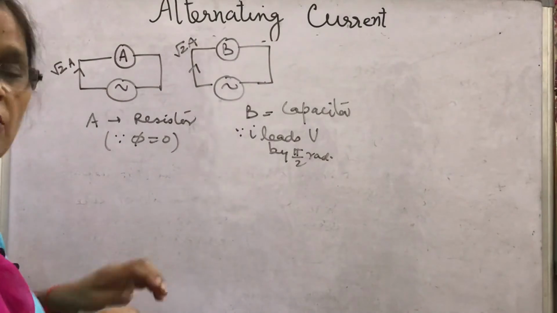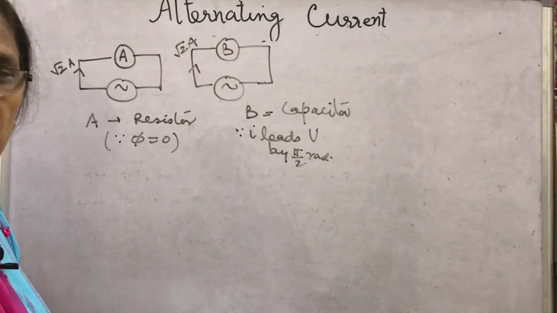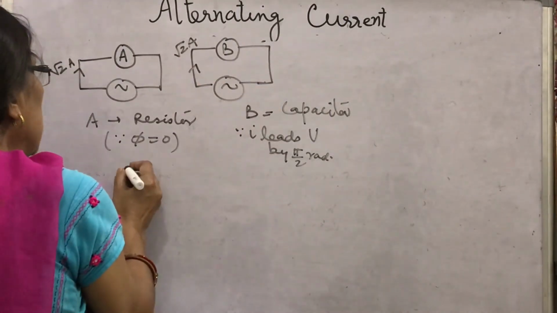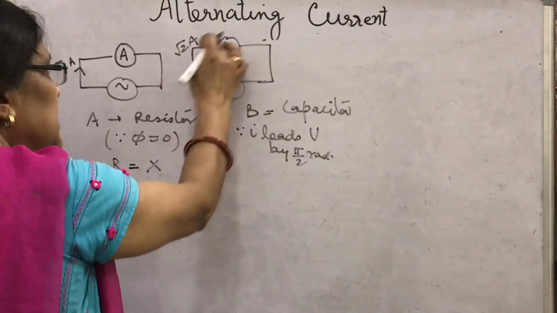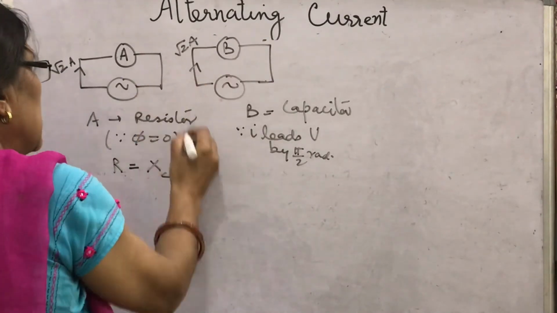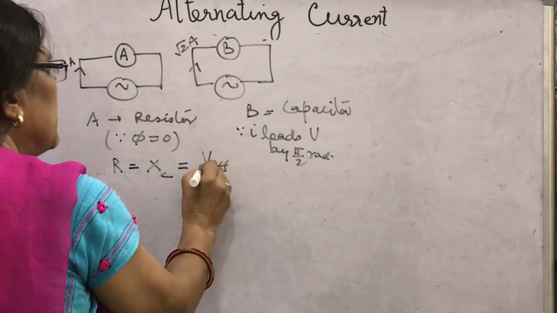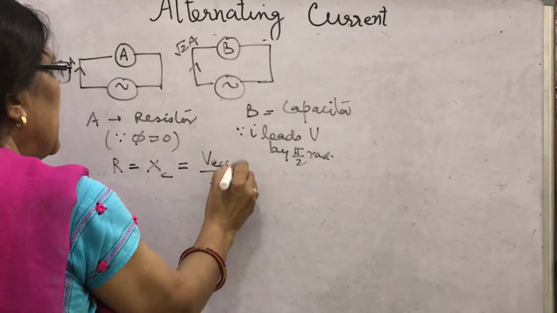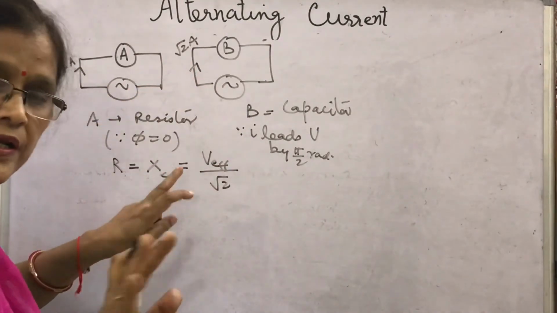Okay. Now when both are connected to the same source, what will be the current? When both are connected with the same source, we can write that R equals XC, this is the hindrance here. We can write the effective voltage, suppose V RMS, then V by root 2 is the RMS voltage, and the RMS current is given, so this we can write.